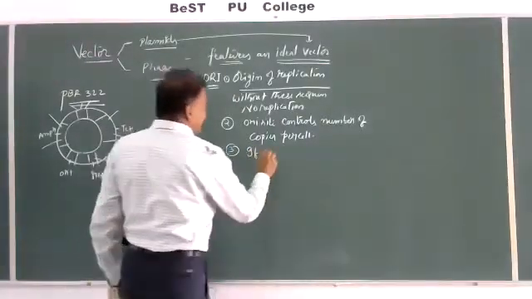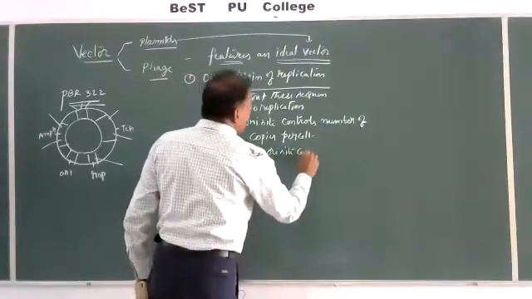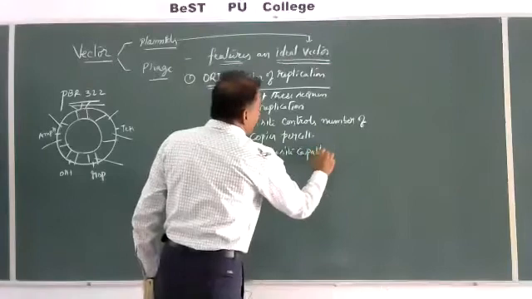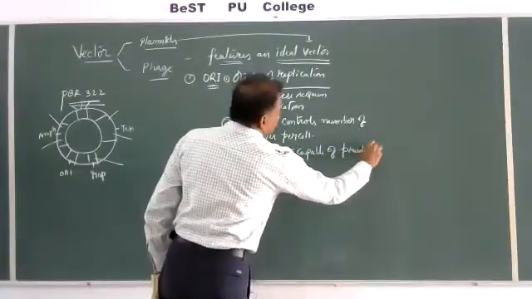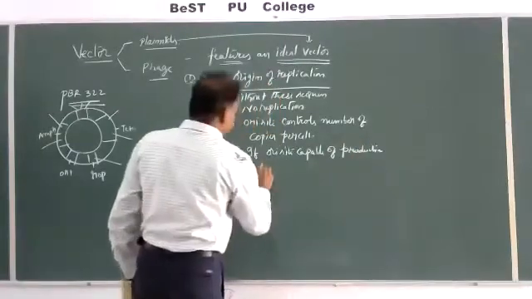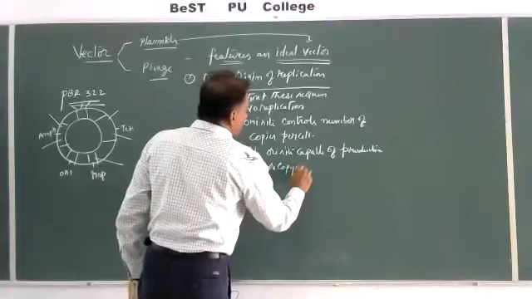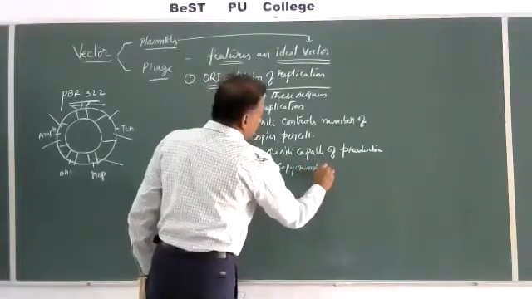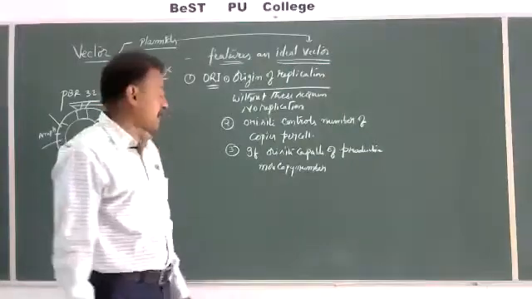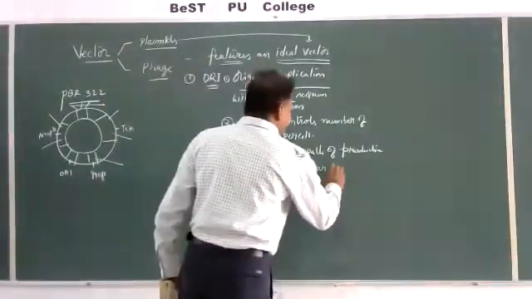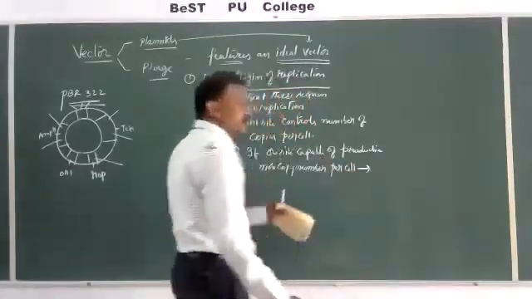If an RE site is capable of production of more copy number per cell, it has to be selected.